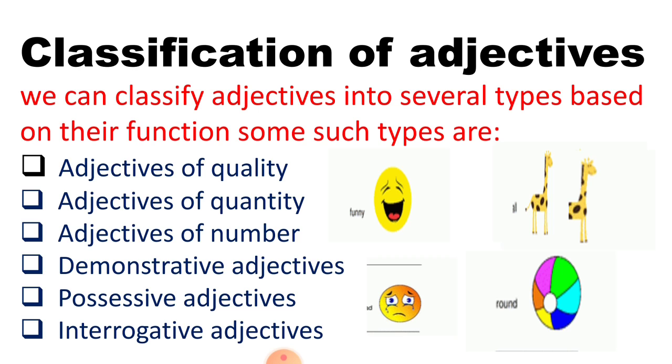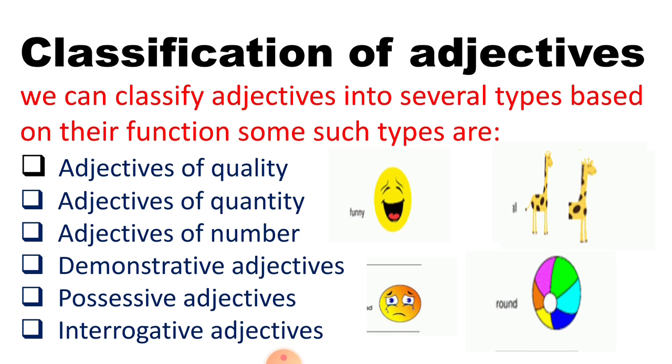Classification of adjectives. Now we can classify adjectives into several types, or how many types of adjectives are there on the basis of their usage in the sentences. So on their function, we can divide the adjectives in the following categories. What are they?